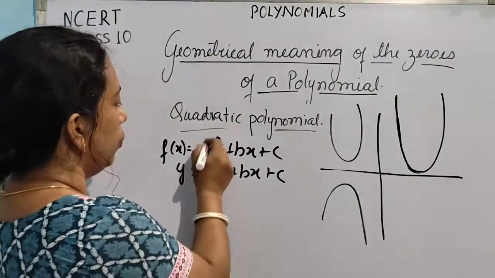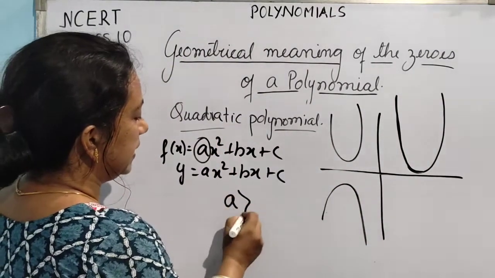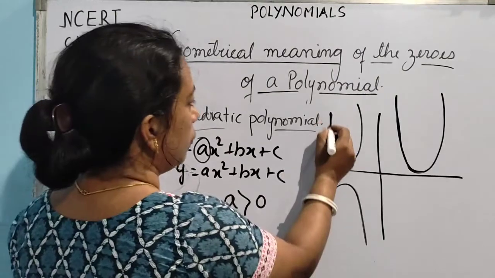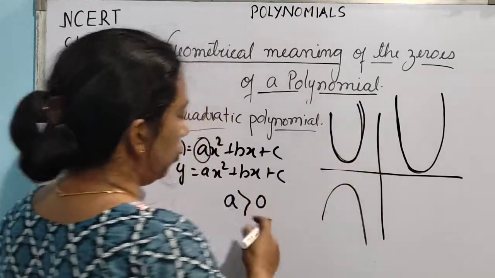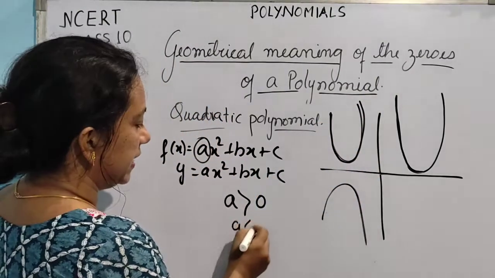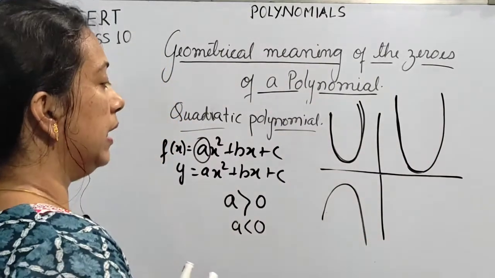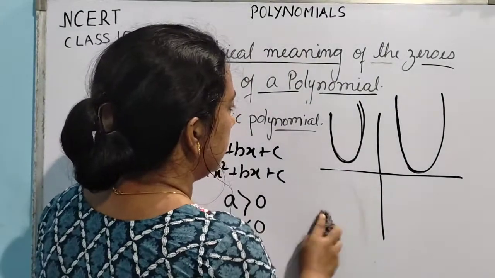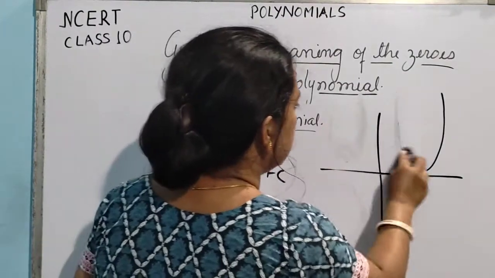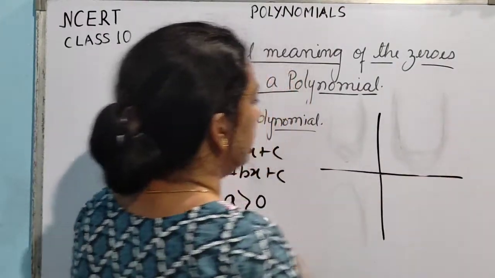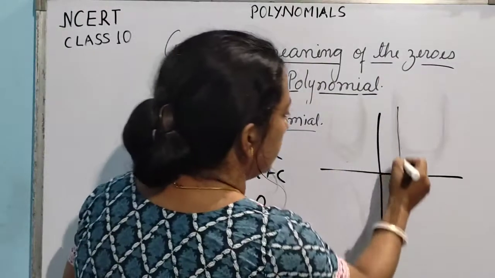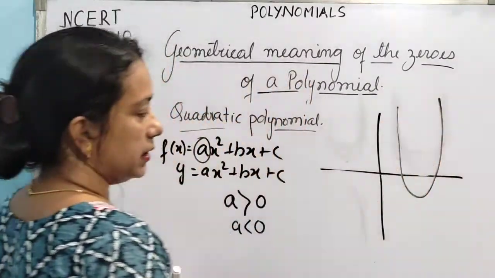When the value of a is greater than 0, the graph of the parabola will open upward, and if a is less than 0, it will open downward. Now parabolas may be like this, isn't it?